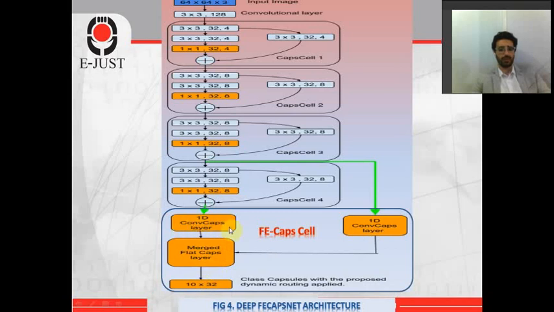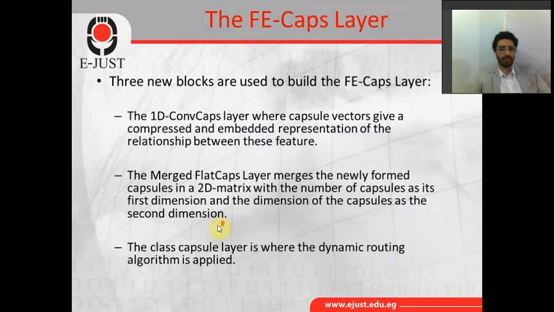The first block is the 1D convolutional capsules, where capsule vectors are produced, and these capsule vectors are an encoding of a compressed and embedded representation for the relationships between the features.